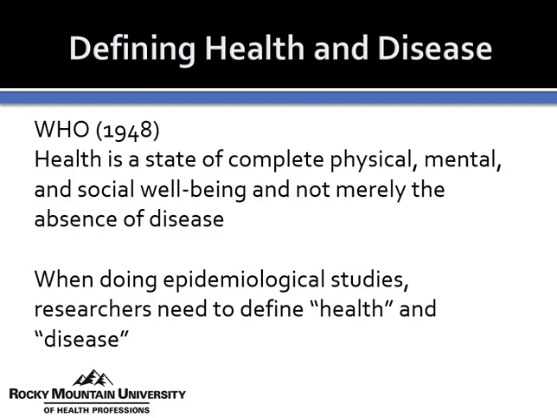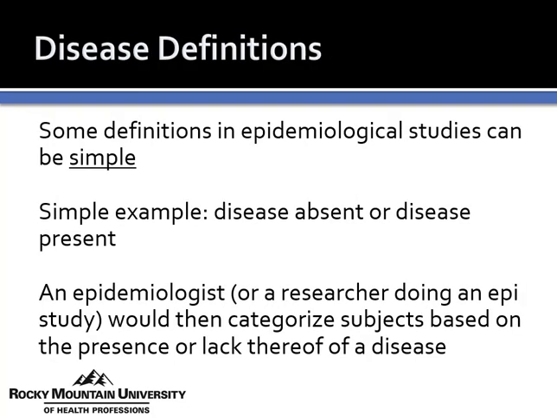In some cases, we may be looking at individuals who are free from disease or free from injury. And in some cases, we may be working with individuals who have a disease, and you're looking for recurrence. What are the odds of something happening again? So we've got to be very clear about that.